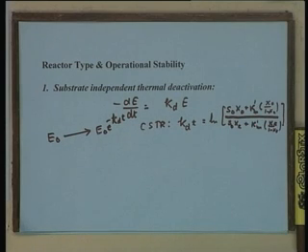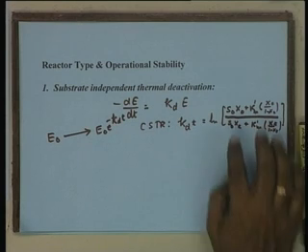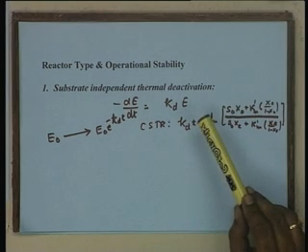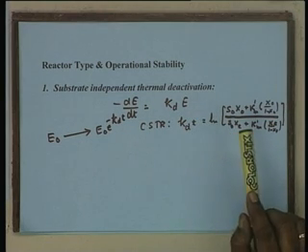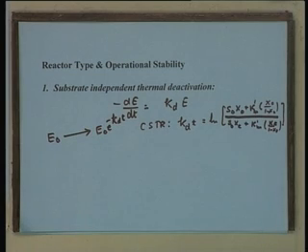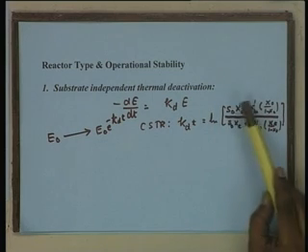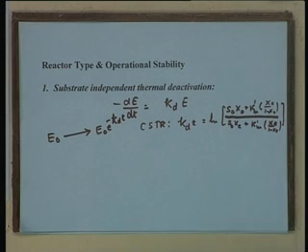Once the steady state has been achieved at time t equal to 0, the fractional conversion is x0, and after the elapse of time t, the fractional conversion declines as a result of enzyme deactivation, and it is xt. Mind that this t is the time of reactor operation and should not be confused with the space time. Space time is kept constant over the reactor operation over the period t, and only the fractional conversion declines from x0 to xt. This gives you the effect of operational stability on the reactor performance in a CSTR.